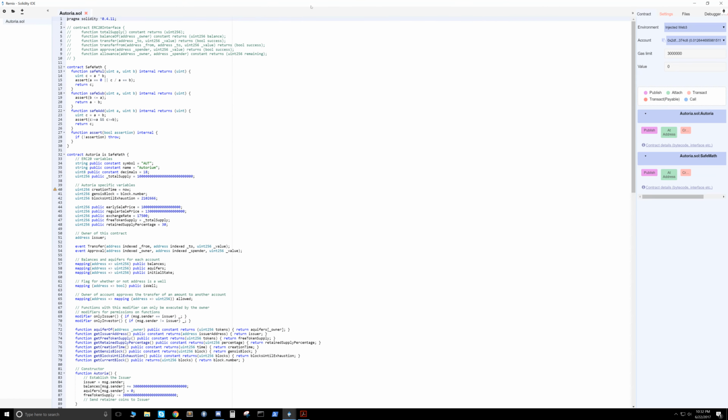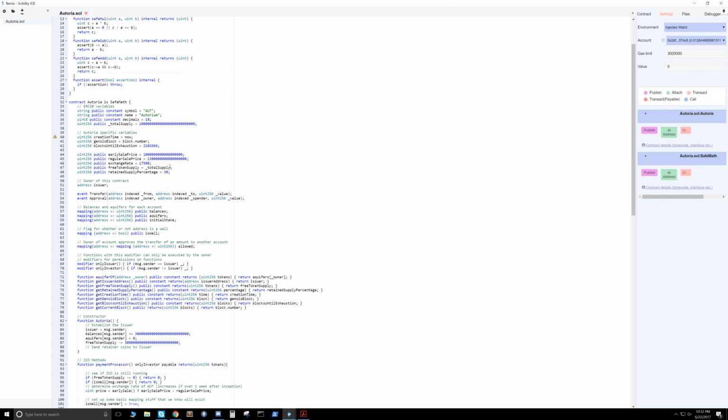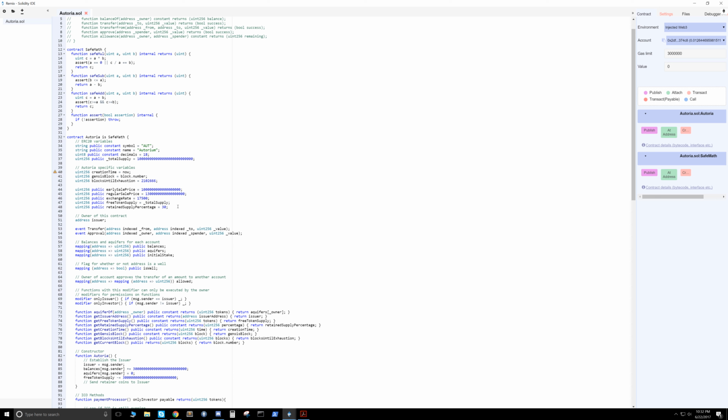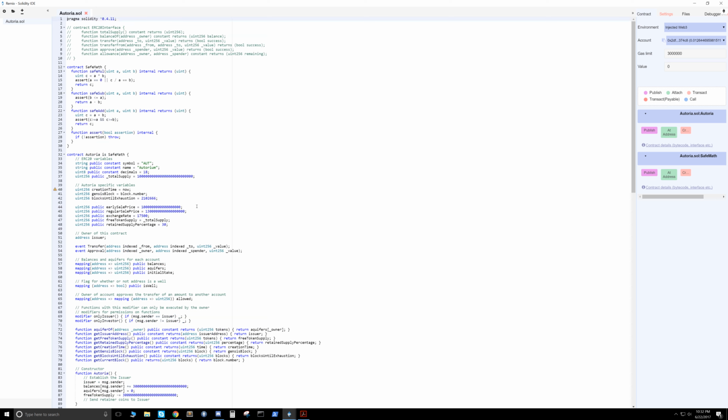So right off the bat, there are certain functions that an ERC token has to adhere to. Otherwise, exchanges aren't going to take it. It's basically Ethereum's way of saying, look, we're all going to release tokens like this, so they all behave the same way.